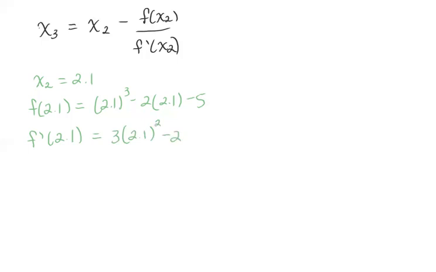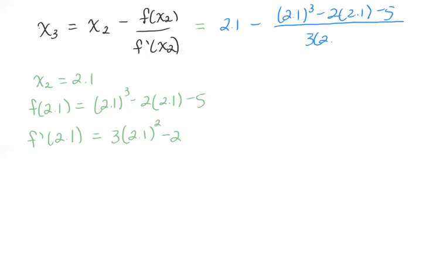I'm going to substitute those into my equation up here. x2 is 2.1 minus f of x2, 2.1 cubed minus 2 times 2.1 minus 5, divided by f prime, which is 3 times 2.1 squared minus 2.